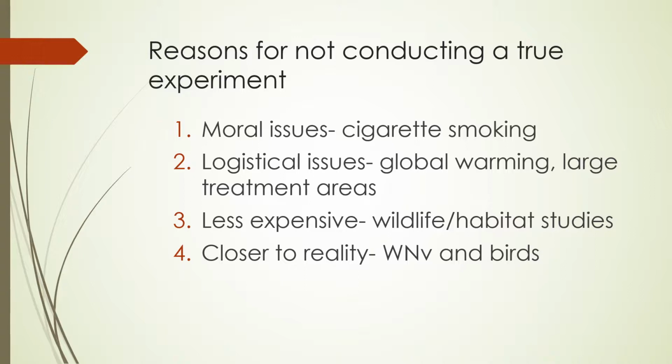And there's a practical reason that our budgets are often small, so going a less expensive route to address a particular hypothesis is often the way we have to go.